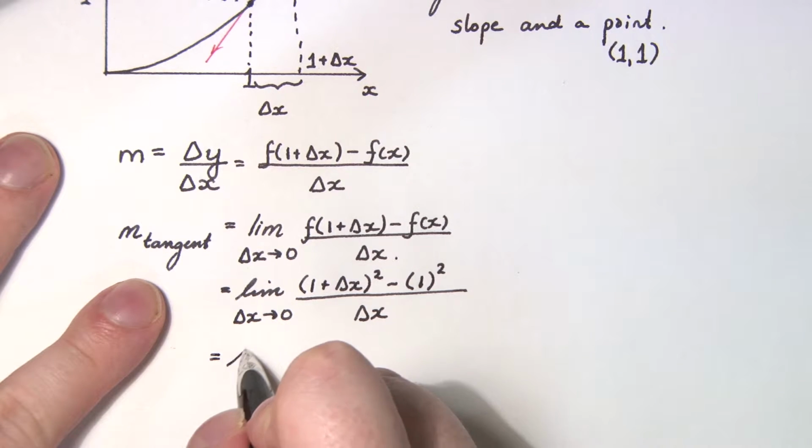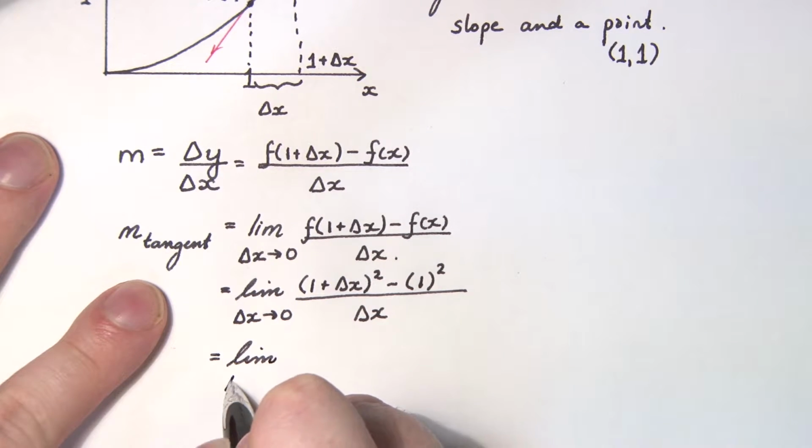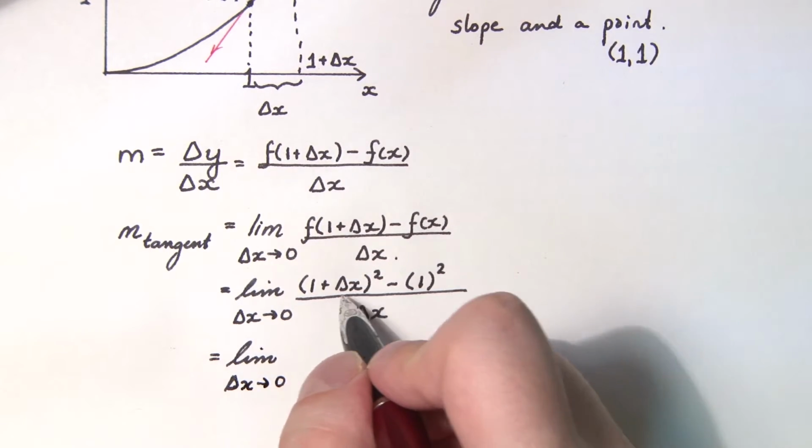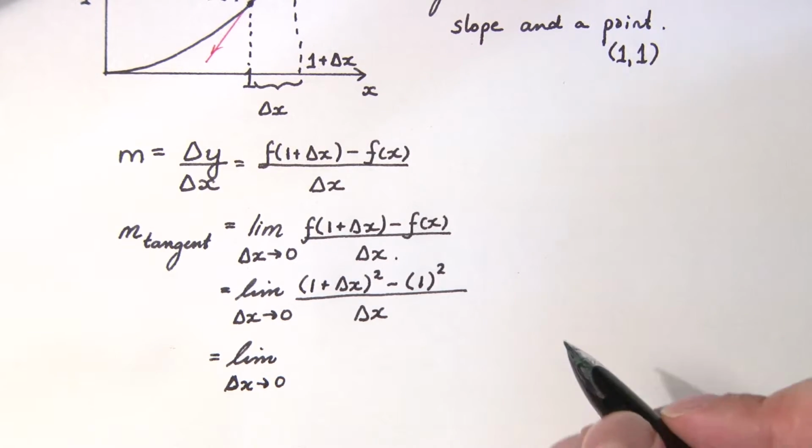Okay, so continuing on with that, I have the limit as delta x goes to 0. So what I need to do is I need to expand this.